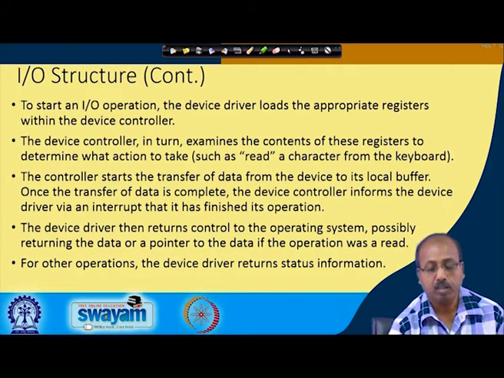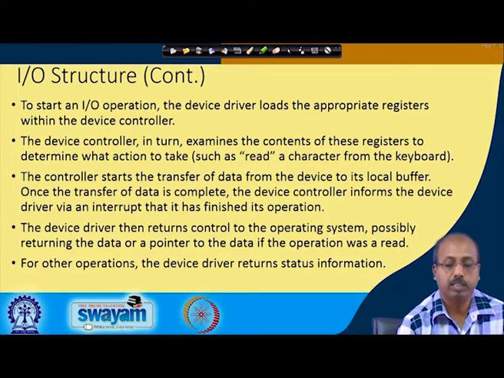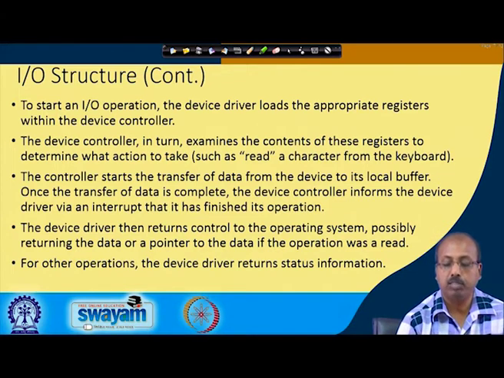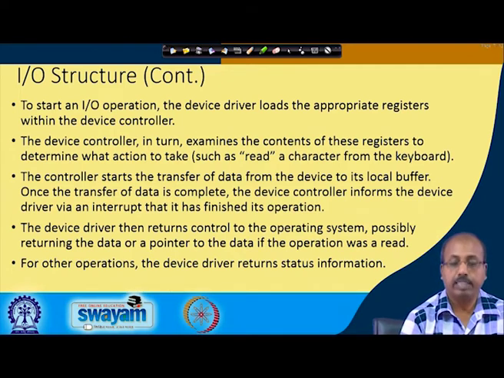So, to start an I/O operation, the device driver loads the appropriate registers of the device controller. The device controller in turn will examine the content of these registers to determine what action to take. For example, read a character from the keyboard or write something onto the disk. The controller will start the transfer of data from the device to its local buffer, and once the transfer of the data is complete, the device controller will inform the device driver via an interrupt that it has finished its operation.